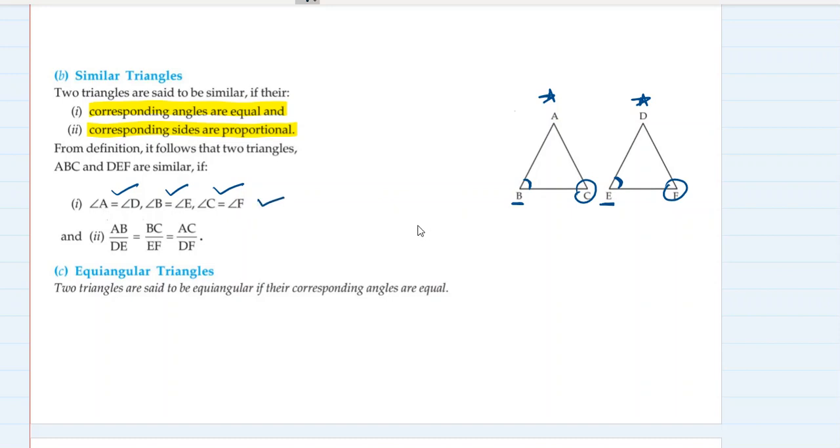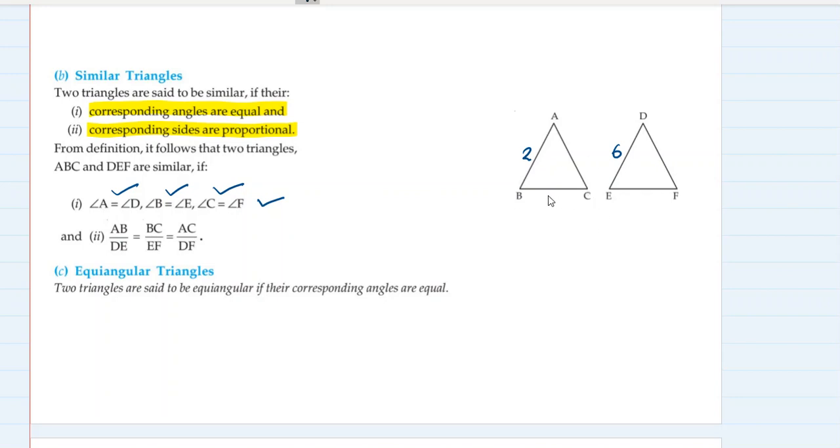And what about their corresponding sides? The corresponding sides must be proportional. What do you mean by corresponding sides being proportional? That means the ratio of AB and DE must be equal to the ratio of BC and EF, which must be equal to the ratio of AC and DF. Suppose AB is 2 centimeter and DE is 6 centimeter. What is the ratio? 1 is to 3.